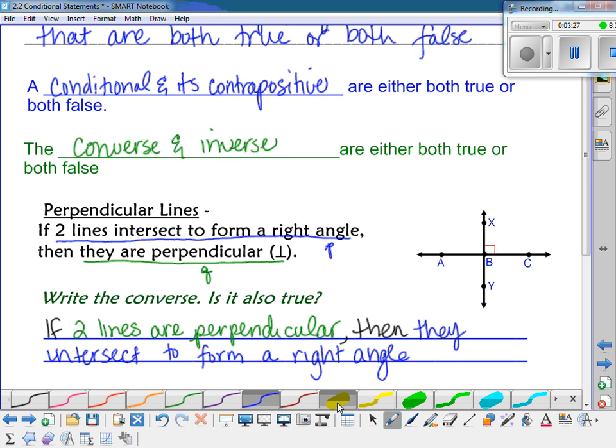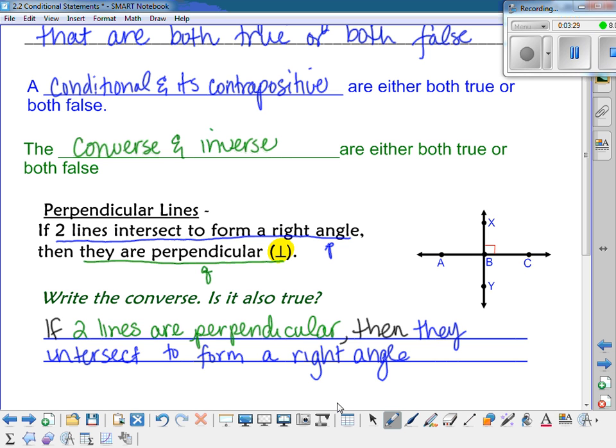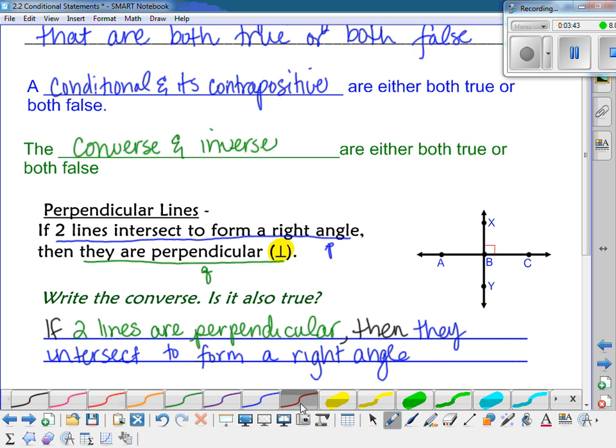One thing just to point out real quickly, this little upside down T, that's the symbol for perpendicular, in case you were wondering what that was. Alright, so is the converse true? If two lines are perpendicular, do they intersect to form a right angle? Yes, they do, and that's always going to be the case, so that's true.